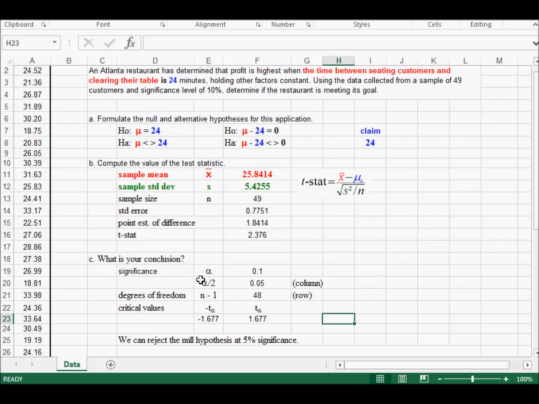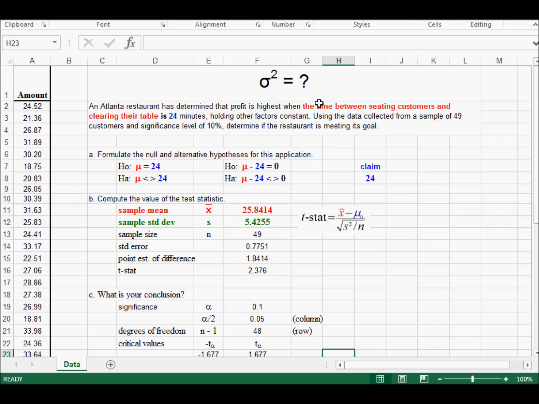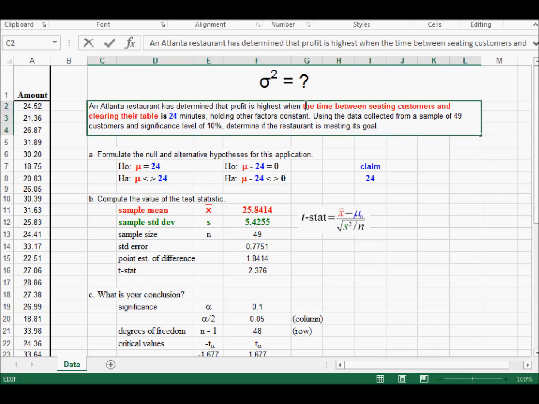So when you reject the null hypothesis, what are you saying? You are actually saying the alternative is true. And where did we find the alternative hypothesis? Well, the problem contains the null hypothesis. That shaded phrase there is the null hypothesis. How do we make that the alternative hypothesis? Well, the alternative hypothesis would be the time between seating customers and clearing their table is not 24 minutes.